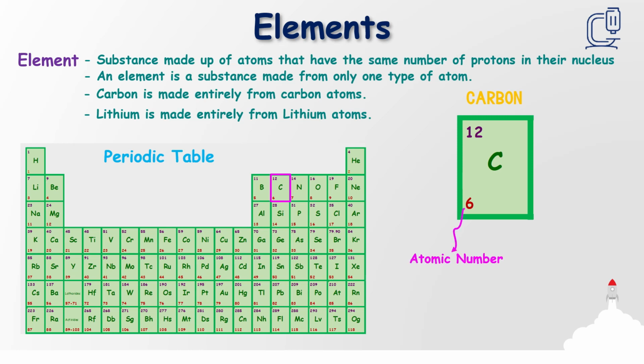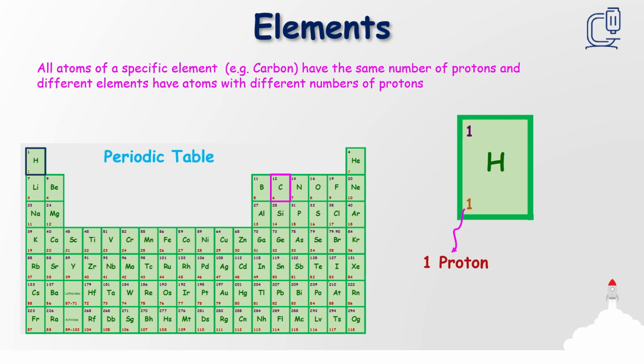Therefore, the number of protons is 6. Another example is hydrogen, which has an atomic number of 1, and therefore has 1 proton in its nucleus. In summary, all atoms of a specific element, for example carbon, have the same number of protons, and different elements have atoms with different numbers of protons, as we have seen the difference between carbon and hydrogen as examples.